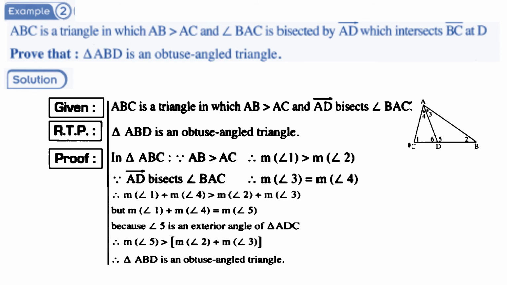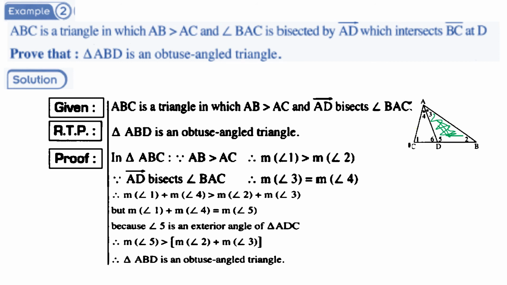Now we want to prove that the triangle ABD, this triangle, is an obtuse angled triangle. So in the triangle ABC, we have AB greater than AC, as given.